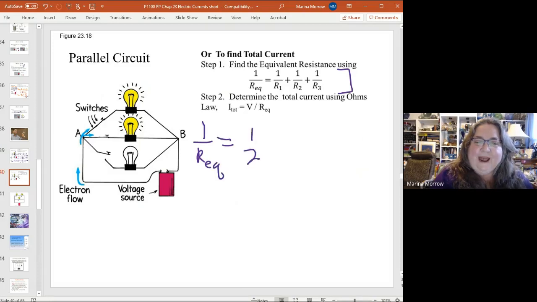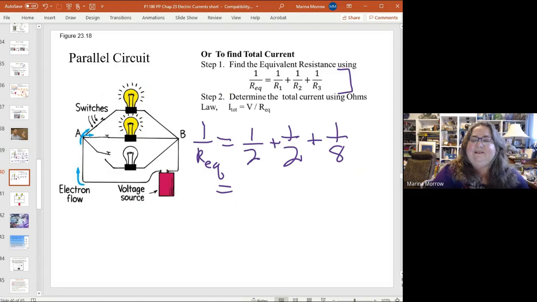I would have 1/2 plus 1/2 plus 1/8. And so now here's where the fun of being good at fractions comes in. Your least common multiple is 8, so I need that to be my denominator in each case.